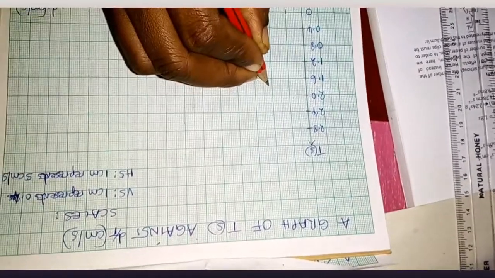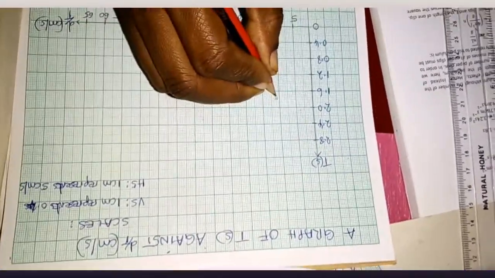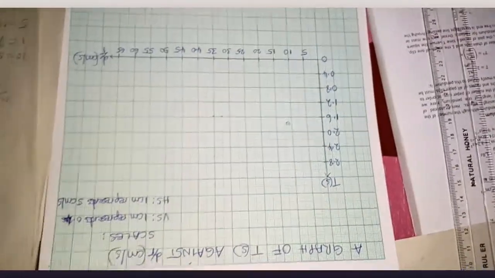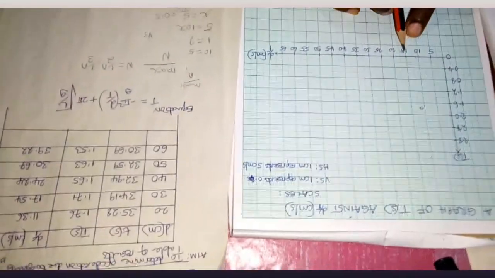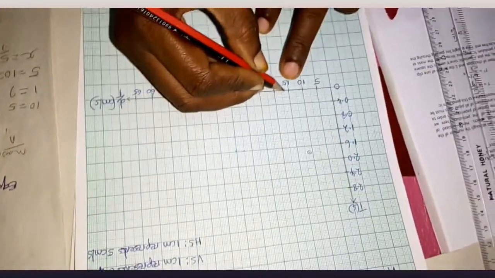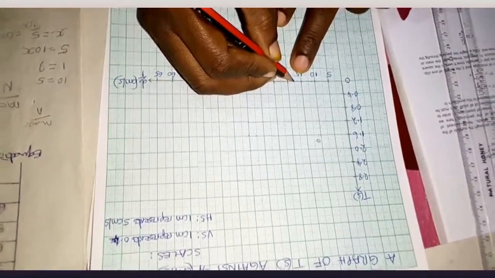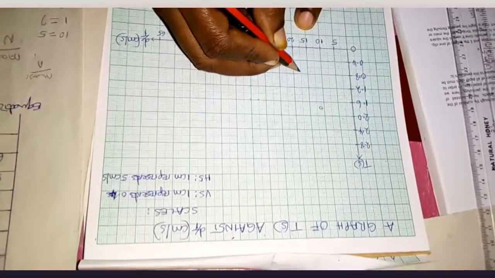Kwa hiyo hapa nitakwenda kumpata huyo data wangu wa kwanza, na kwenda 17.54. 17. Here I have 15, 16, 17 at this point, this line. So 17.54.